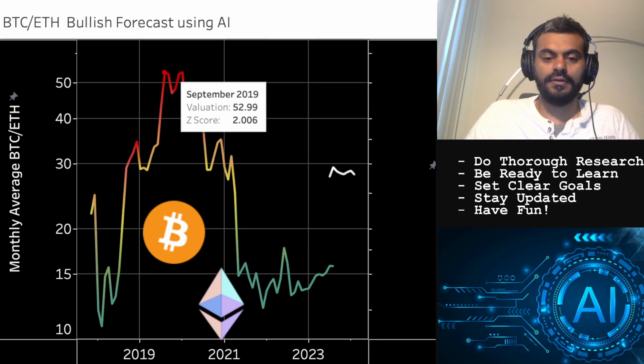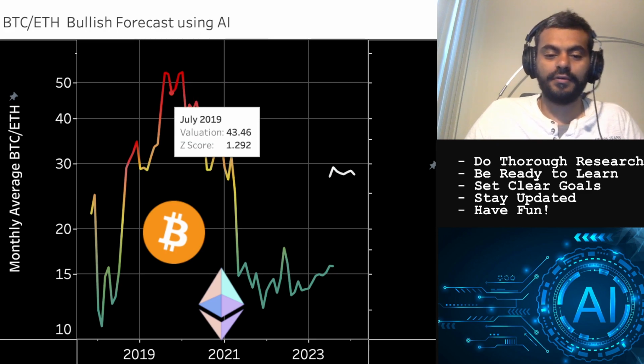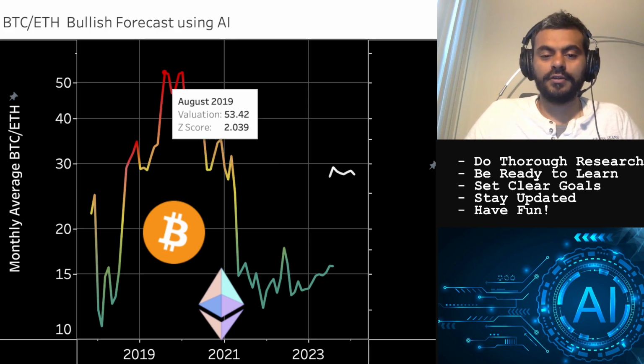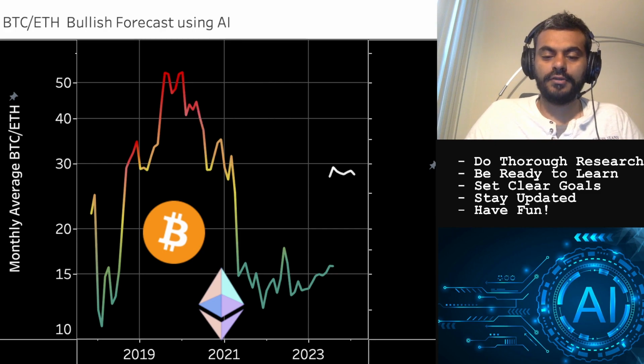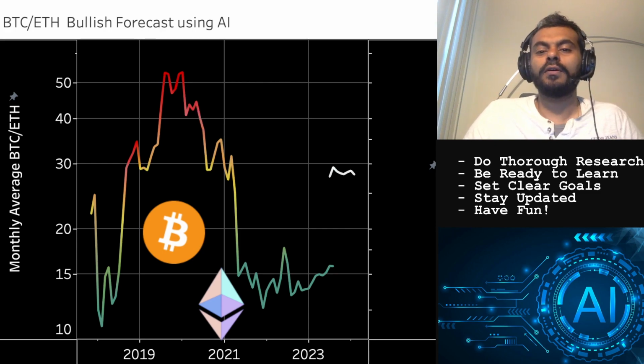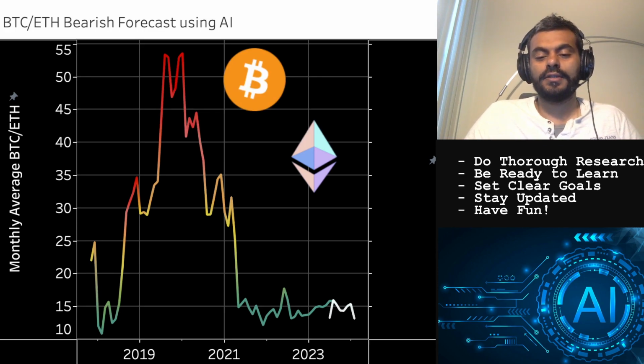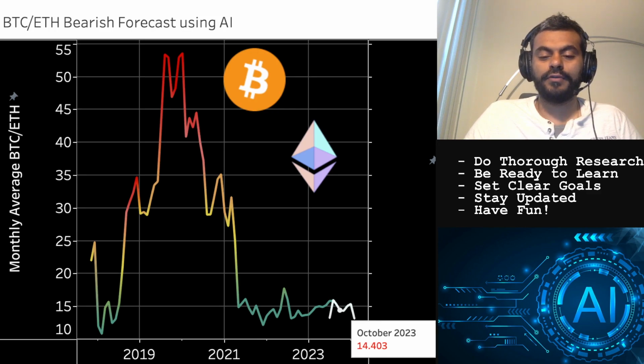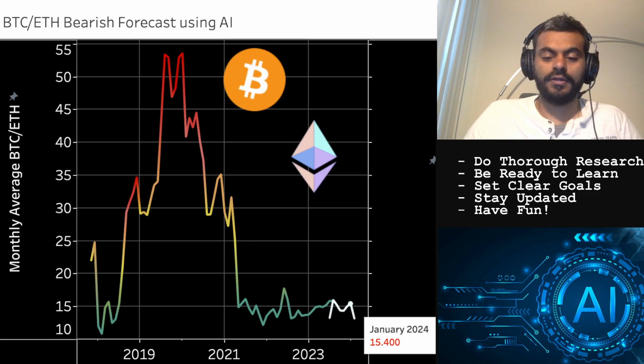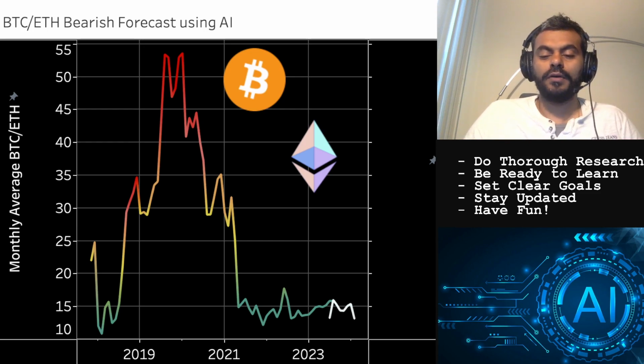That was the bear market highs for Bitcoin against Ether. Instead of 50, this time it's at 28 per the AI model. And the bear case is that Ethereum gains ground again over BTC, and we stay in this 14 to 16 valuation till January, and then crash to 13.15 in favor of Ether in February.